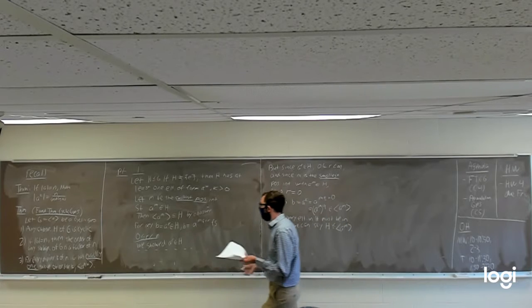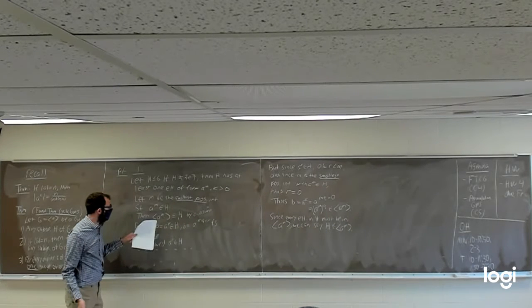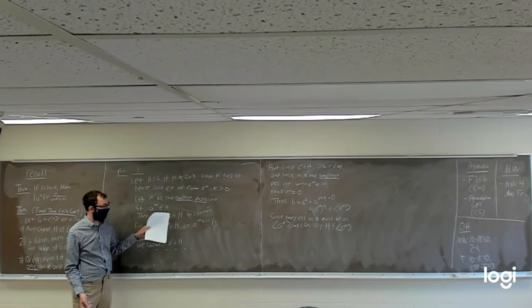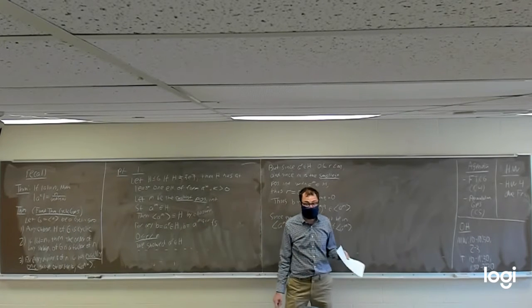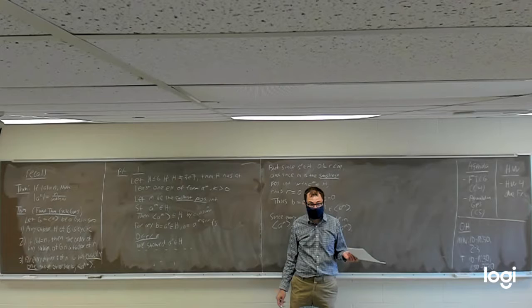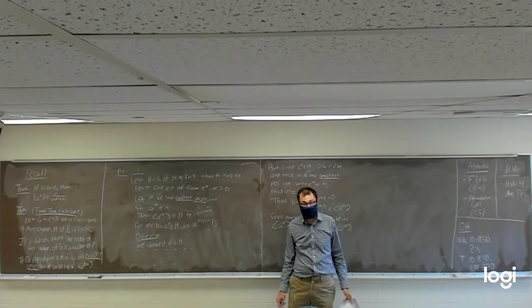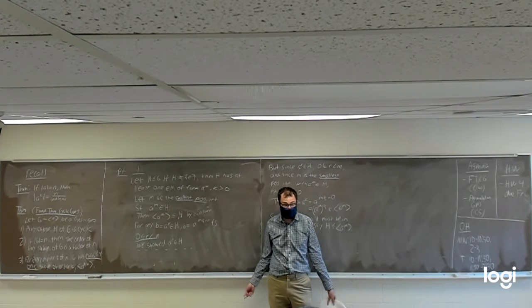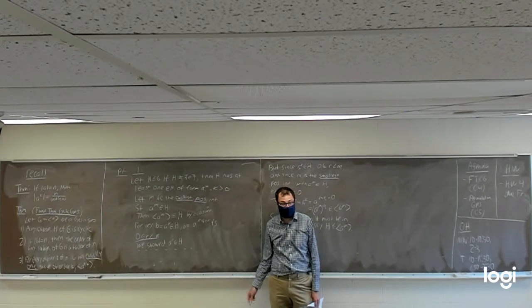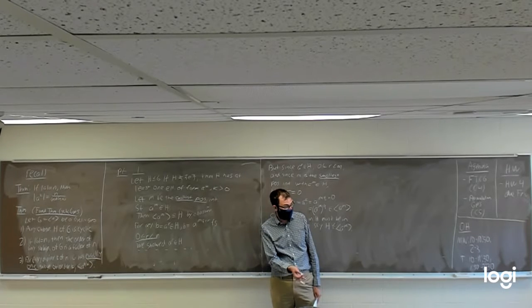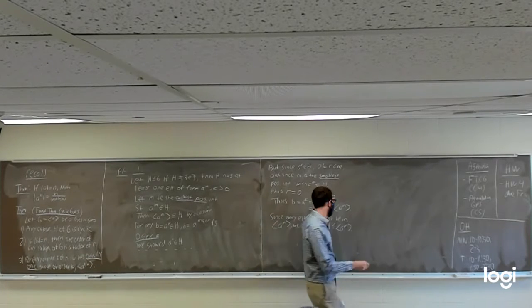But since everything in the group generated by A to the M is contained in H, and everything in H is contained in the group generated by A to the M, what has to be the relationship between H and the group generated by A to the M? If each is contained in the other, they have to be equal.